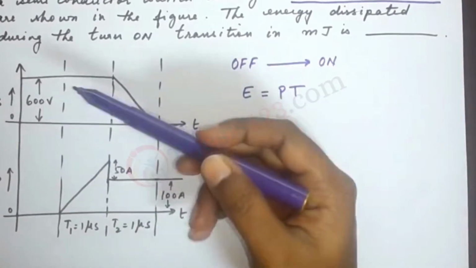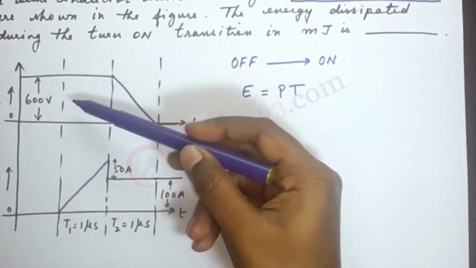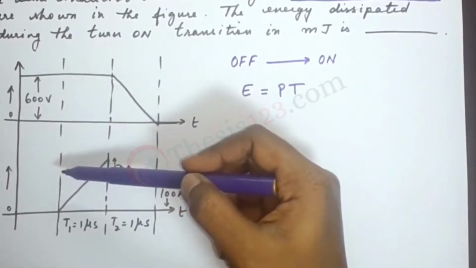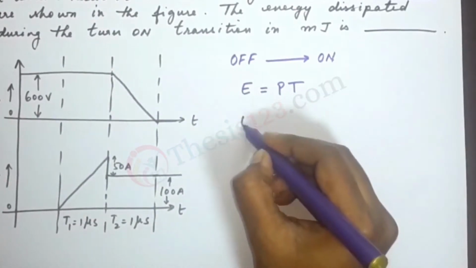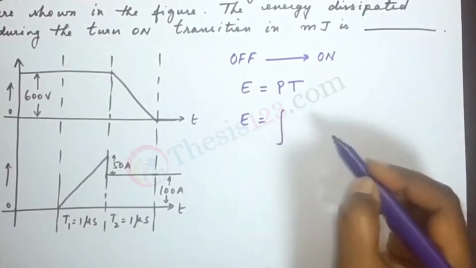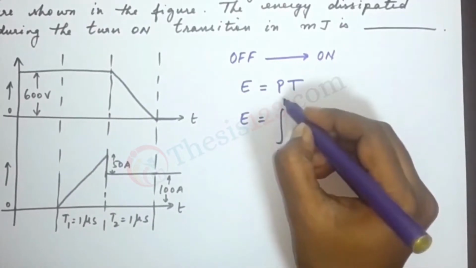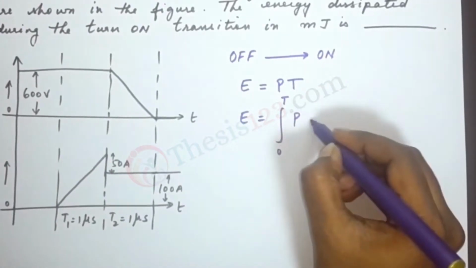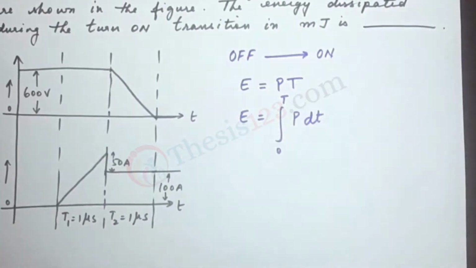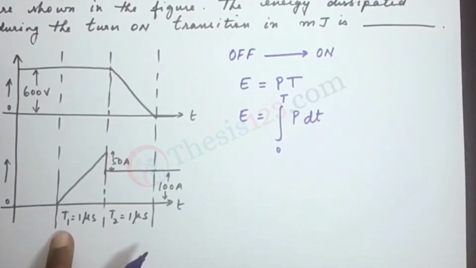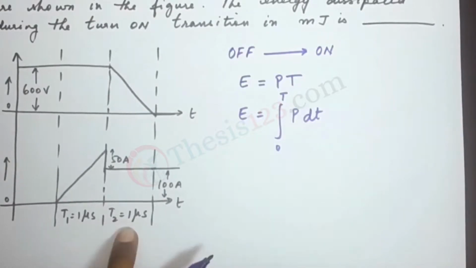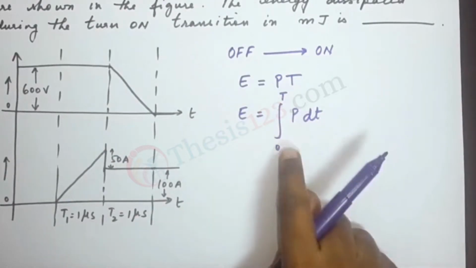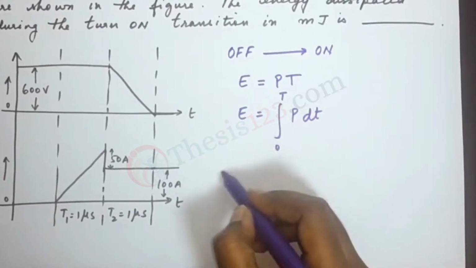We don't have a fixed value for voltage or current, and they're changing, so we cannot consider this equation. Rather, we consider the integration of power dt over the time period. The time period is T1 and T2, so it has been divided into two parts, and we will divide the integral into two parts as well.